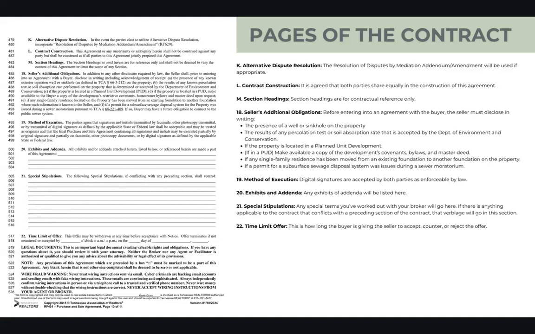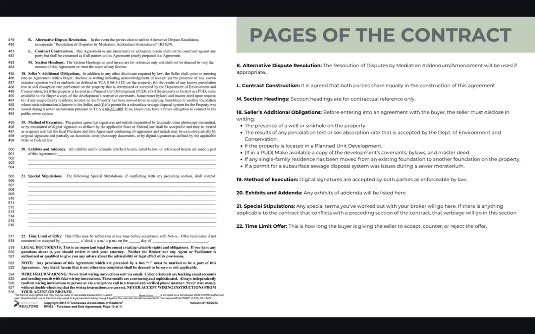If any single family residence has been moved from an existing foundation to another foundation on the property, and if a permit for a subsurface sewer disposal system was issued during a sewer moratorium.